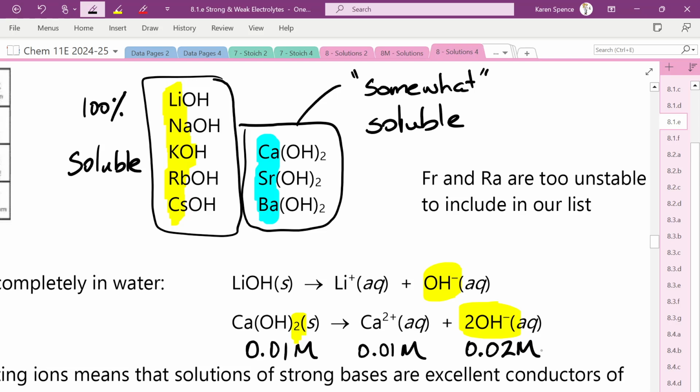And I might not be able to make a 1 molar solution because it might not be that soluble. Lithium, on the other hand, maybe I can make a 1 molar solution, which means I would get 1 molar lithium and 1 molar hydroxide. Okay.